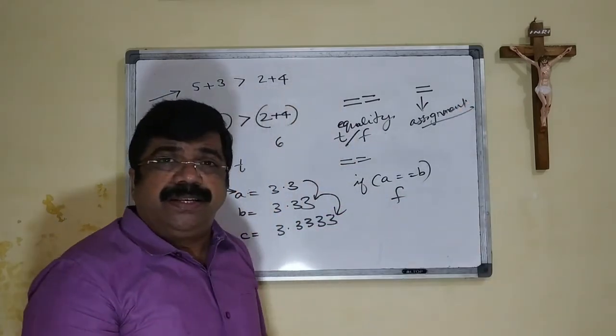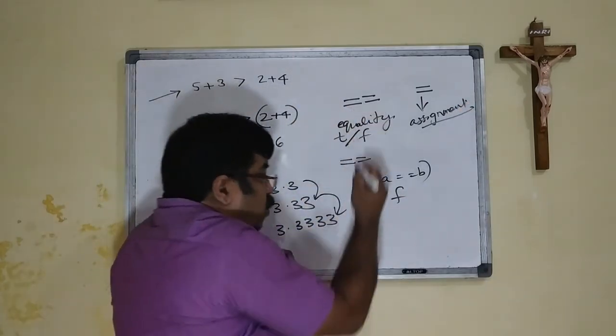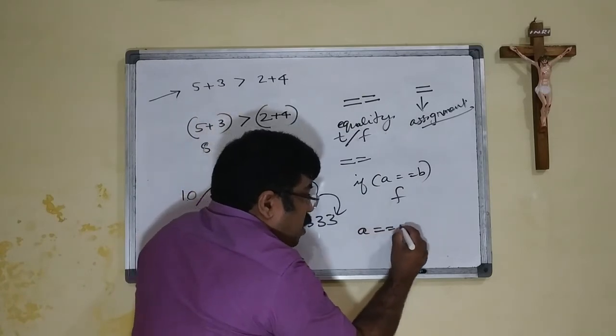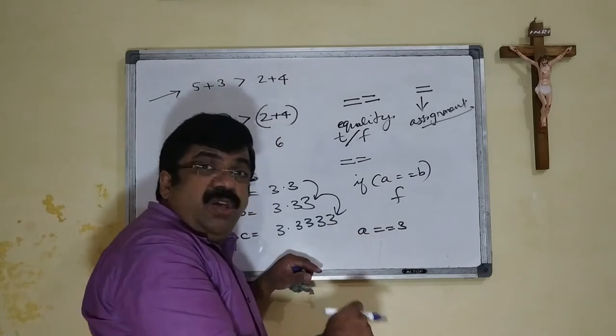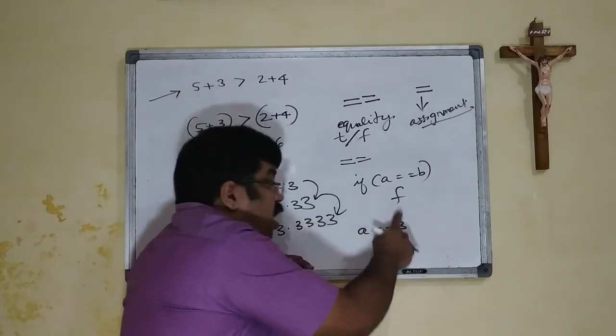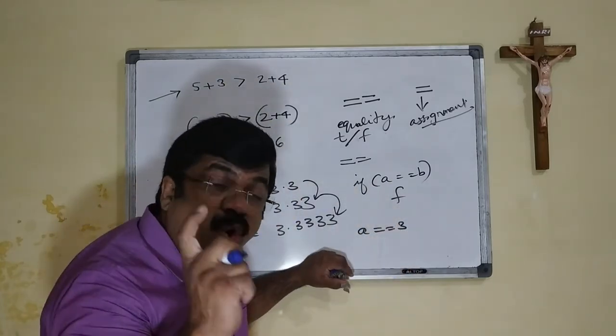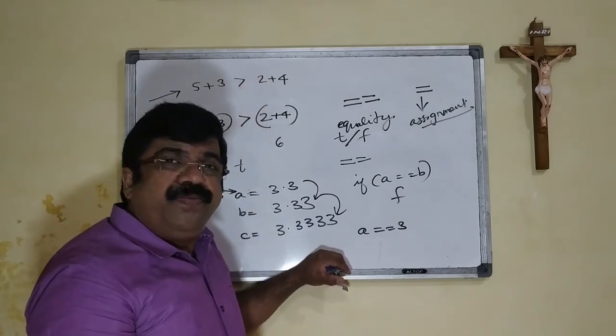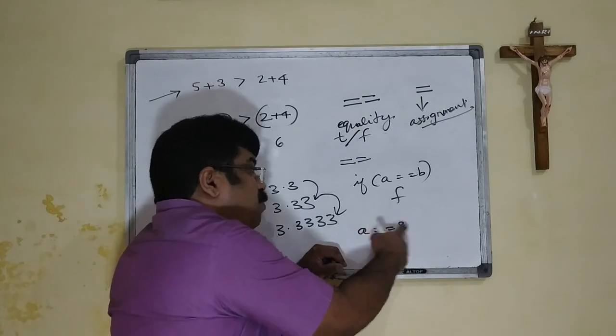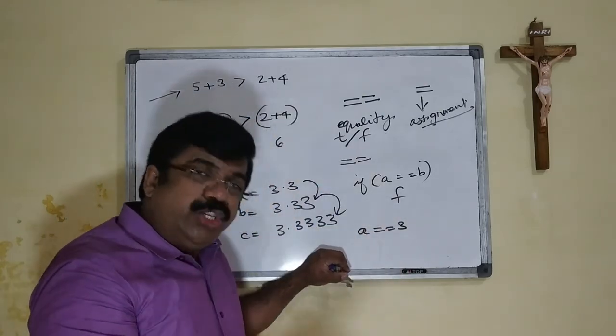Assignment operator. That means if you give A equals to 3, this will check whether this A and this 3 are equal in nature. Are they having the same value? If A and B have the same value, true will be returned.